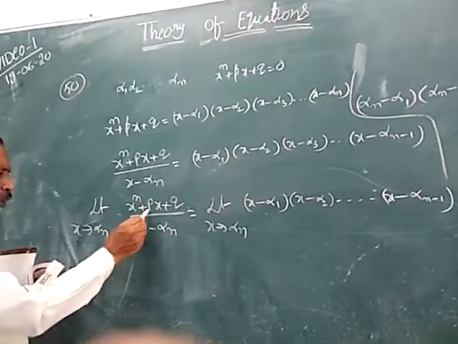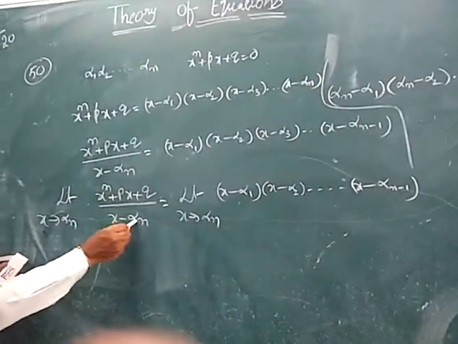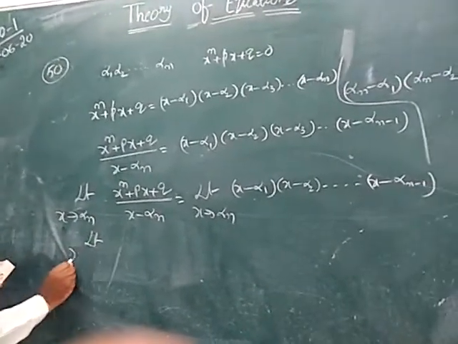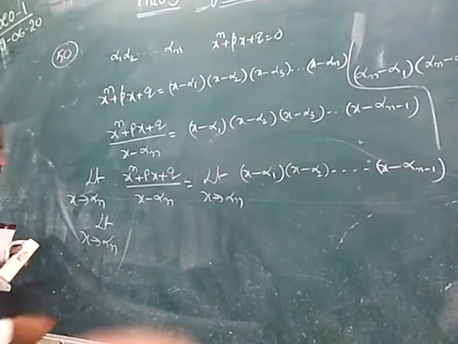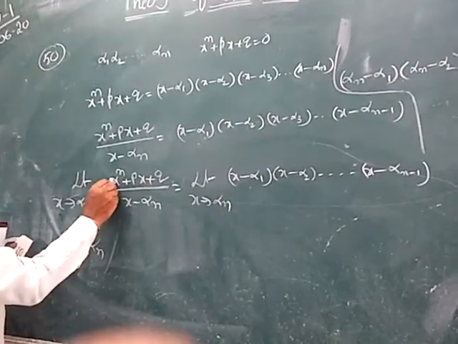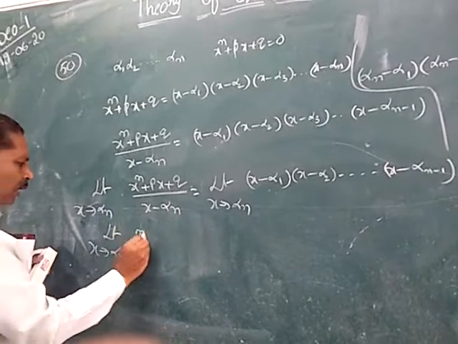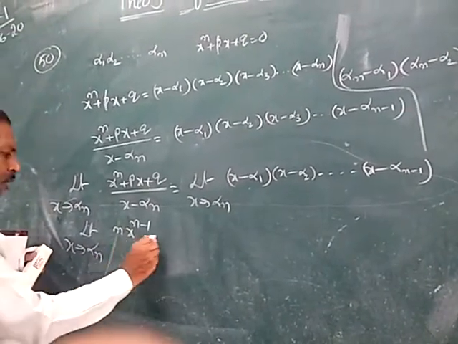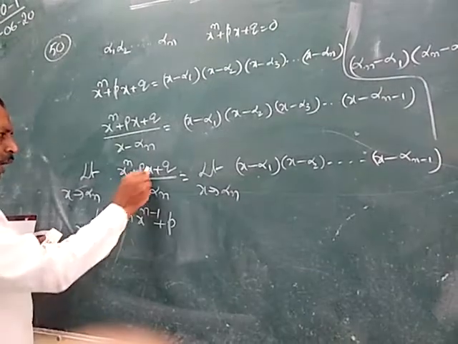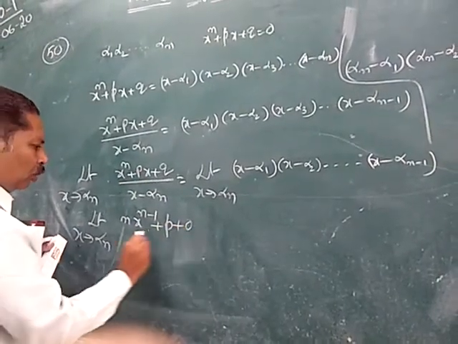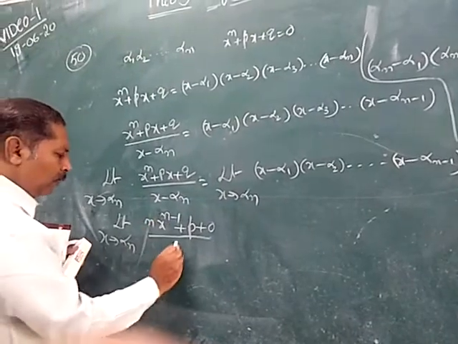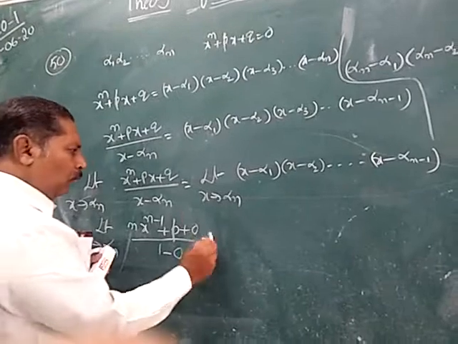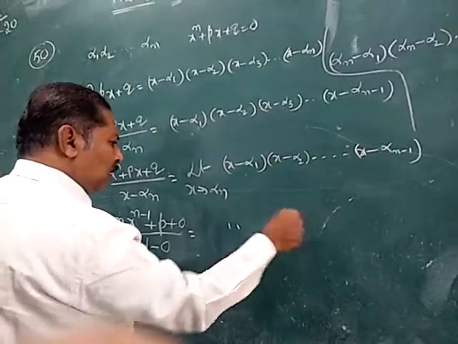This is 0 by 0 form, so apply L'Hopital's rule. Derivative of x^n is n x^(n minus 1), plus p, derivative of the constant is 0, over derivative of x, which is 1, minus 0, equals the RHS.